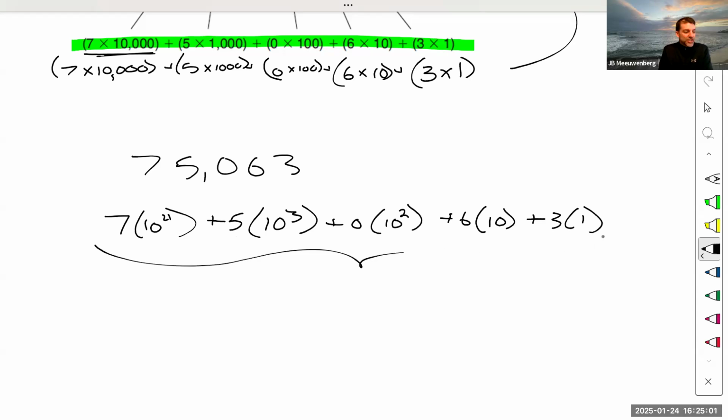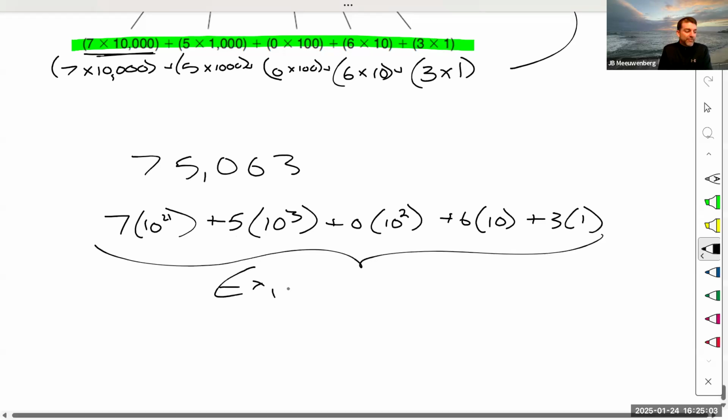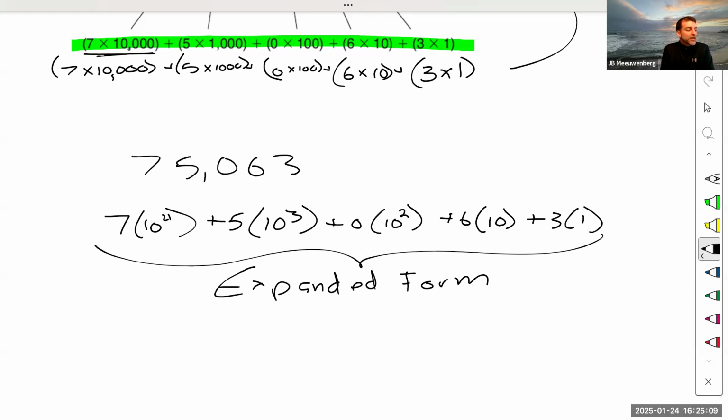This notation here is called expanded form. So we can either do expanded form using the actual values of the bases, or we can use the exponential version of the bases. But those can be useful, especially when young learners are trying to make sense of this. And we're going to see how we use expanded form in another way in a little while.